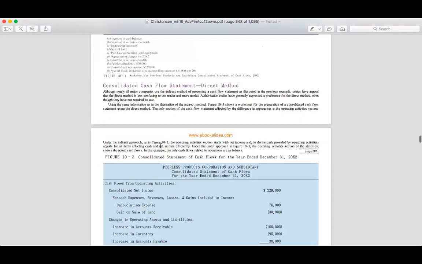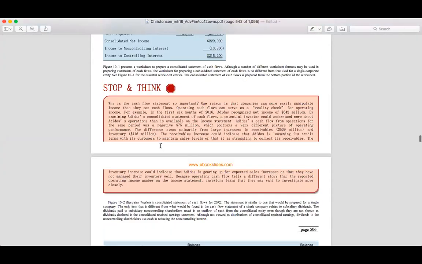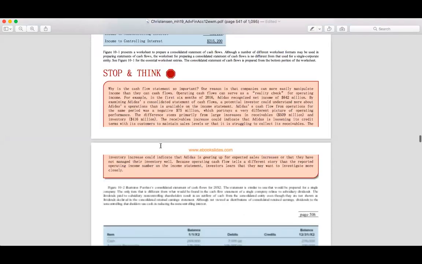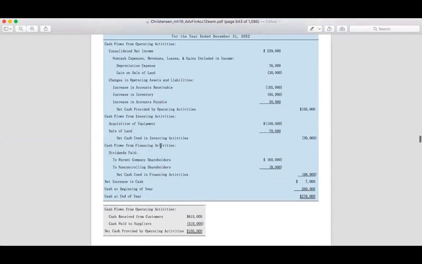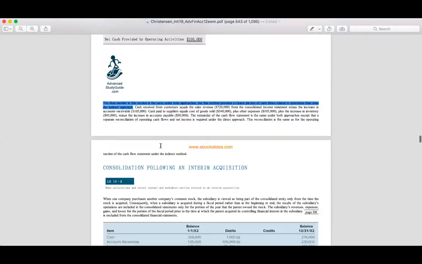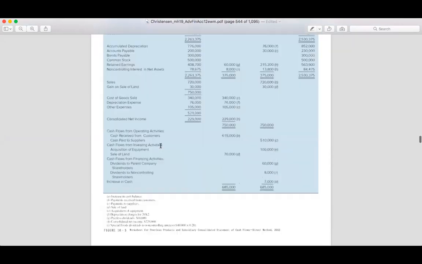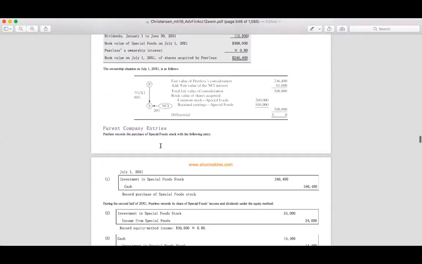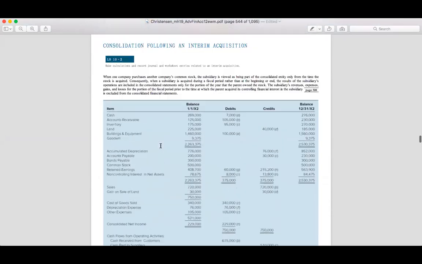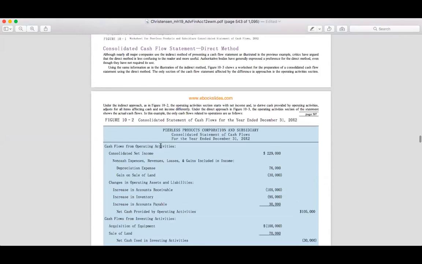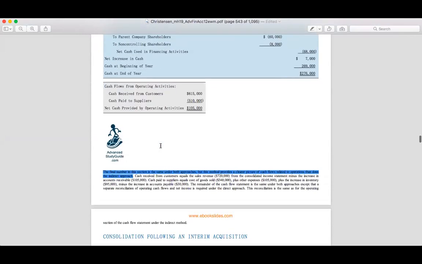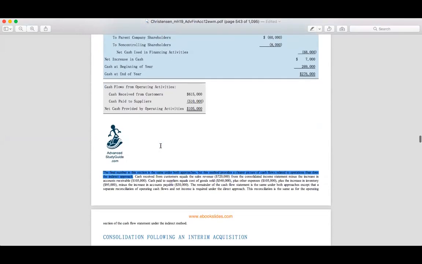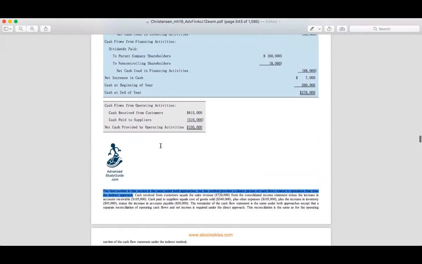I think we found it in figure 10.3. This one is 10.2. Where is figure 10.3 then? Because I have it in my book. Figure 10.3. Oh, we don't have it in here. I just realized, but I'm going to show you probably from the edition before this one.